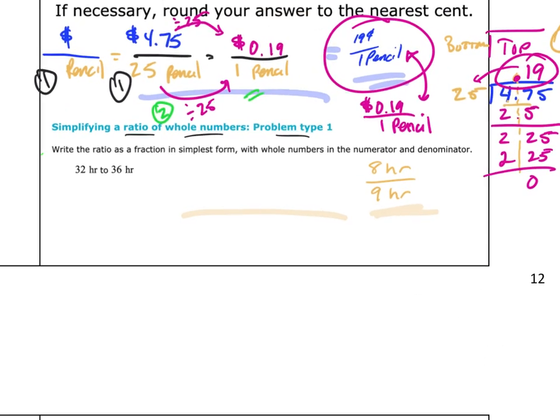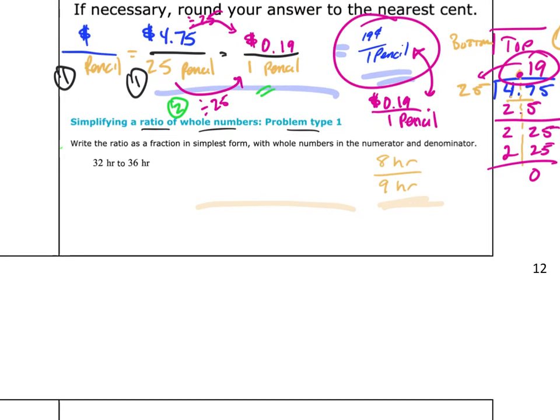Now again, we're always talking about ratios when we're doing this. This section's about ratios. But what they give us on this next one is 32 hours to 36. So you could write it like this.